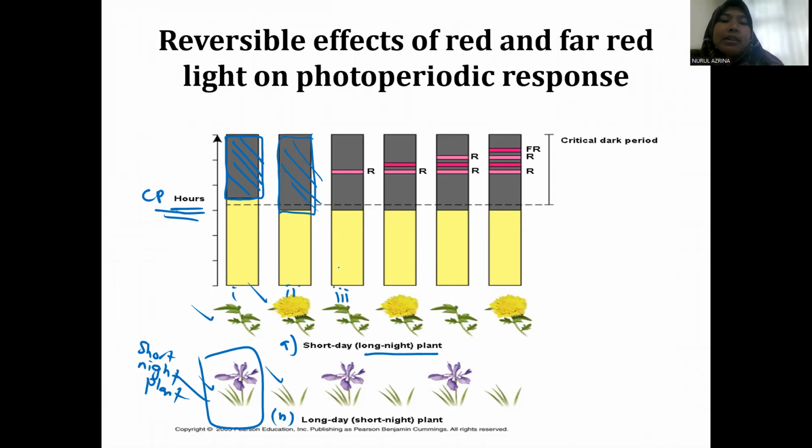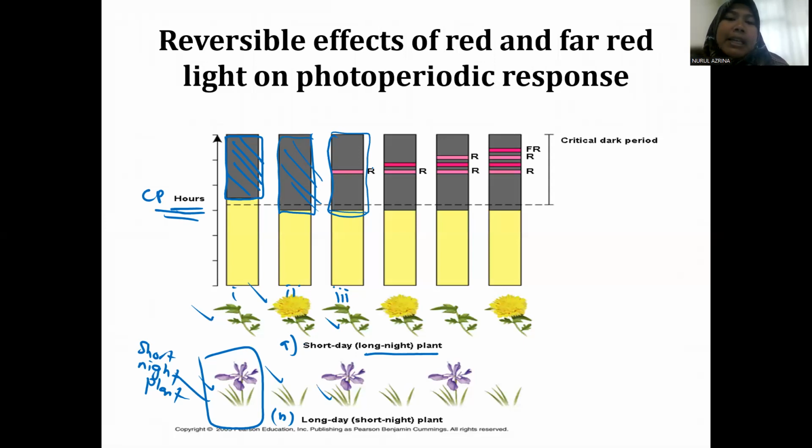Experiment 3. The plant is exposed to the same photoperiod, the same night length as experiment 2. But you can see what happened to plant A. Plant A is not flowering, but plant B is flowering. So plant A is supposed to be a long night plant.